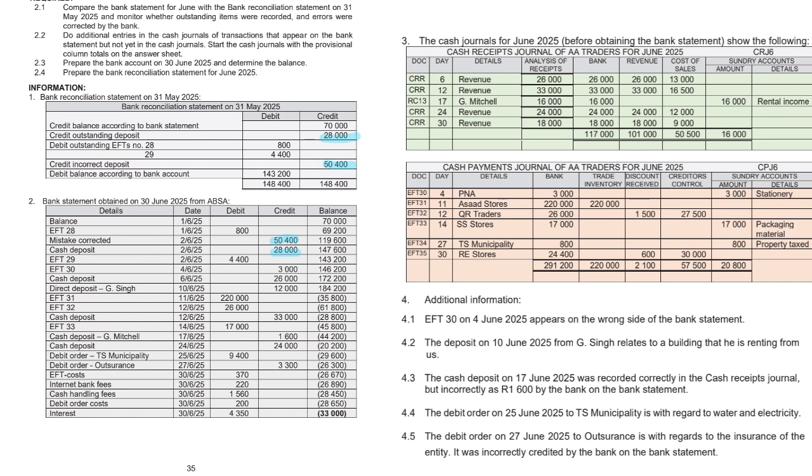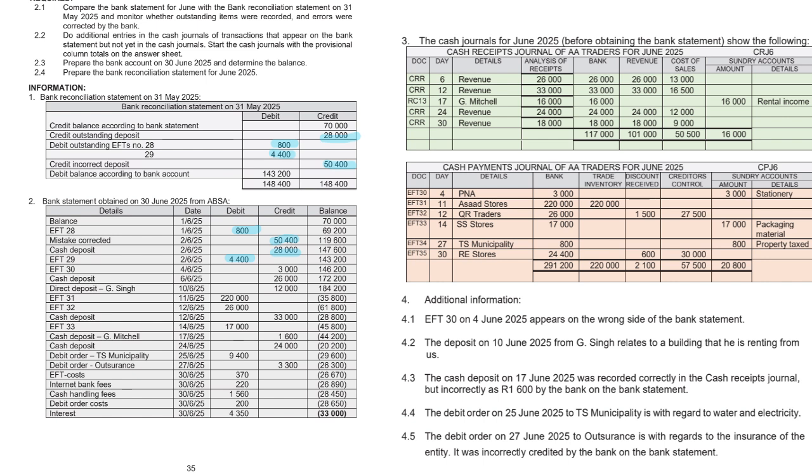We have an 800 debit as EFT number 28. Do you see that EFT number 28 is now in your bank statement for 30 June? So tick it off. And then we also had an EFT number 29 for 4,400, and that is also now on our bank statement for June, 4,400.